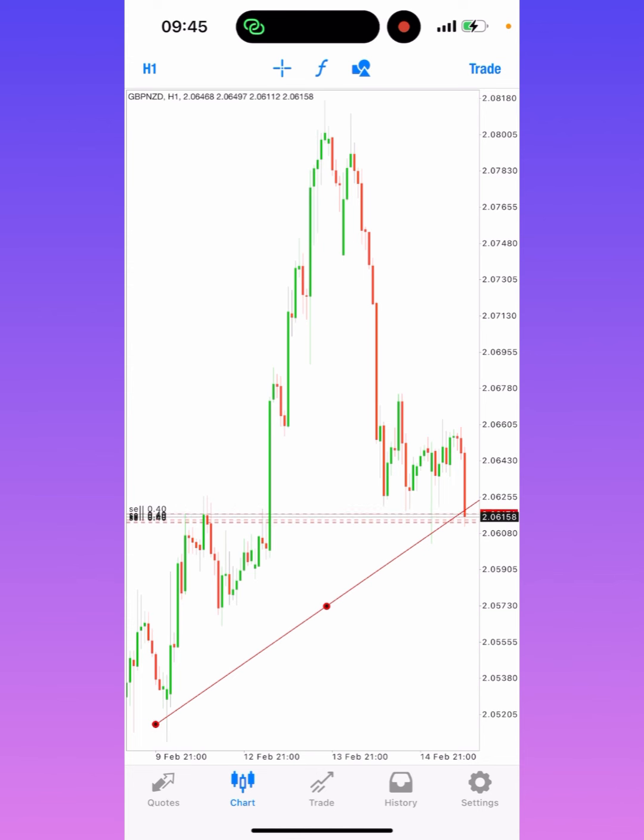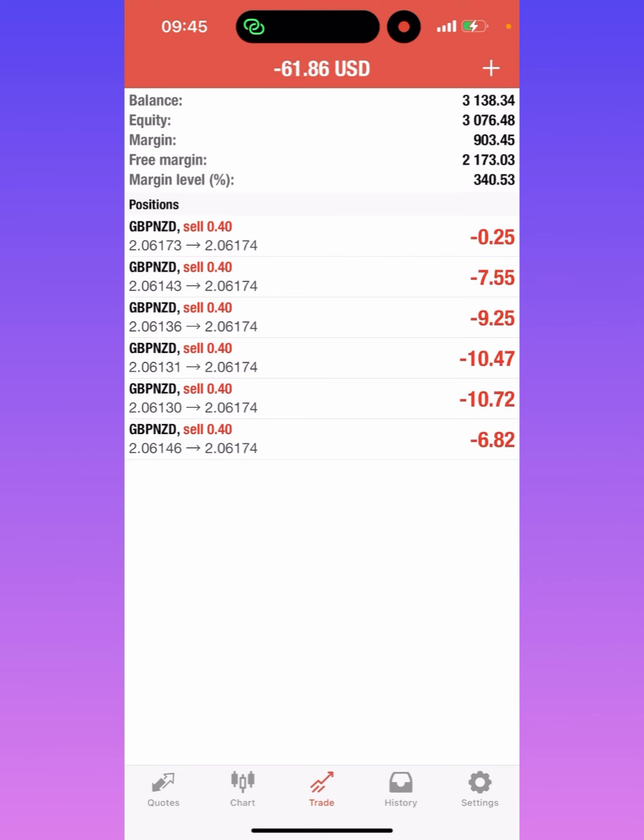So team, as you can see, we already took the opportunity. All we need to do right now is get away from the market so that we can control our emotions, because I don't like to be next to the market once I already take the opportunity, because you're gonna have these emotions that tell you, yo, please close the entry, please close the trade.